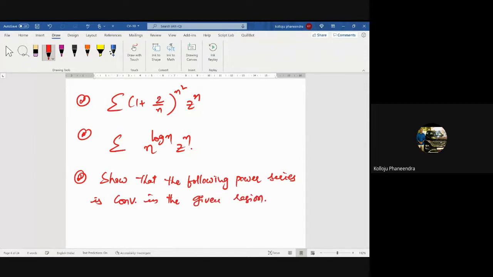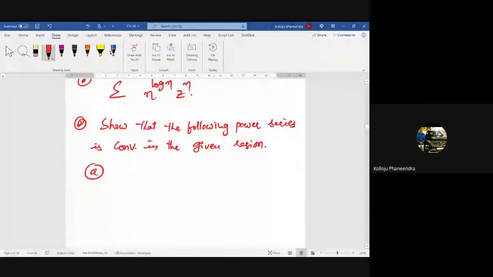Okay, first problem. Summation Z to the power of 2n by 4 to the power of n into n to the power of alpha, where alpha is a positive real number, and the region is given as mod Z less than 2.